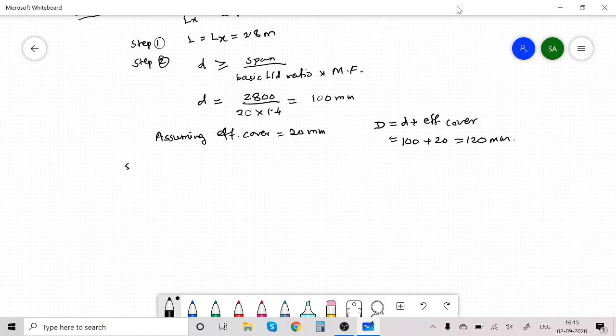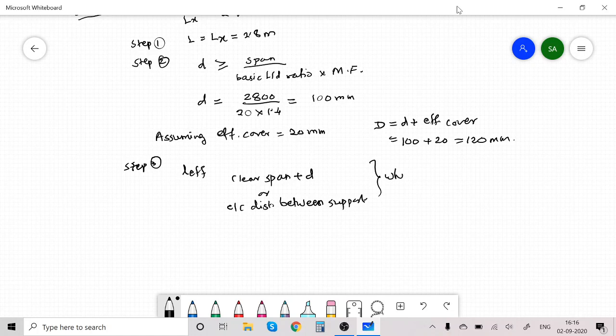Now in step number 3, we calculate the effective span, L effective. L effective is given as clear span plus D, or center to center distance between supports, whichever is less.